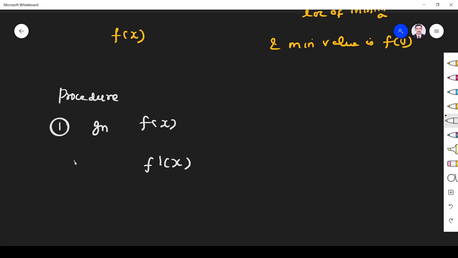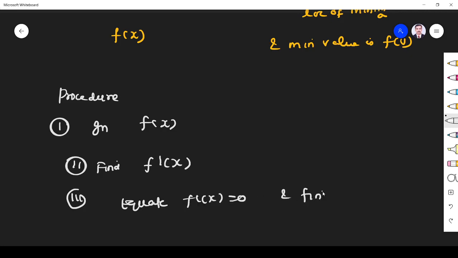Given data is f of x. Find f dash of x. Third, equate f dash of x equal to 0 and find the x value. This is the value where the slope is 0.